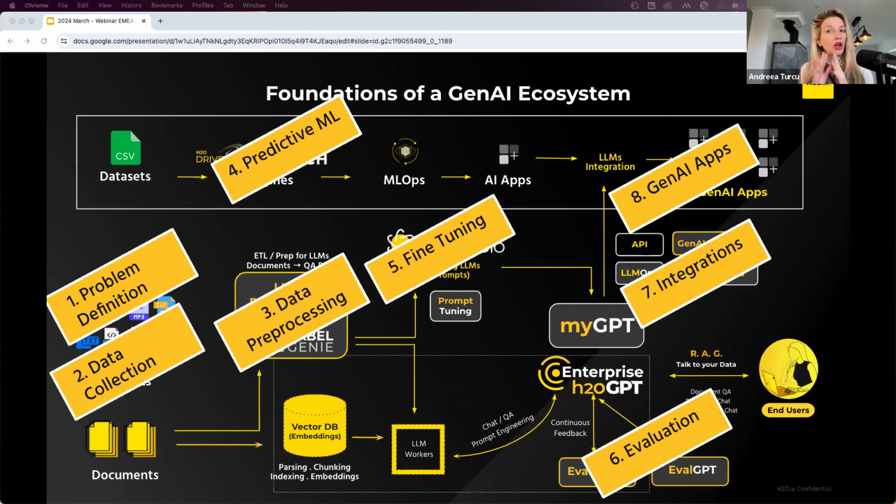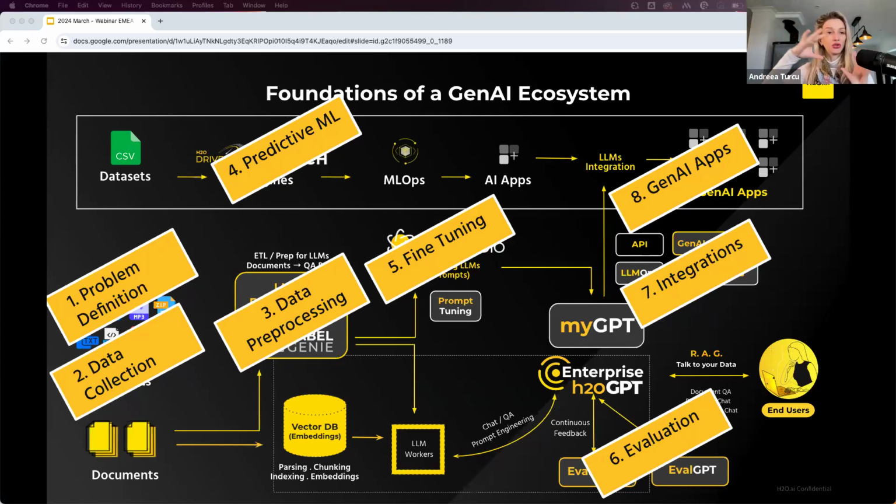I just put here a couple of several key steps that I consider important when talking about our own H2O AI Gen AI ecosystem. And so these steps are often iterative and interconnected, and you can see them here.